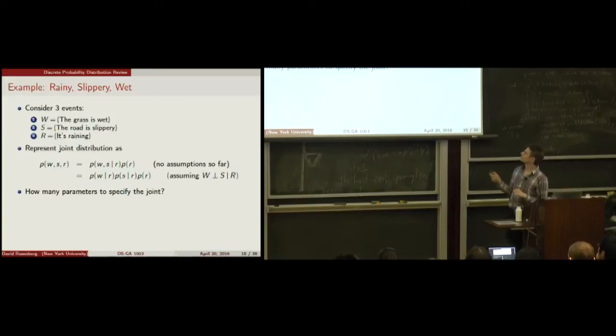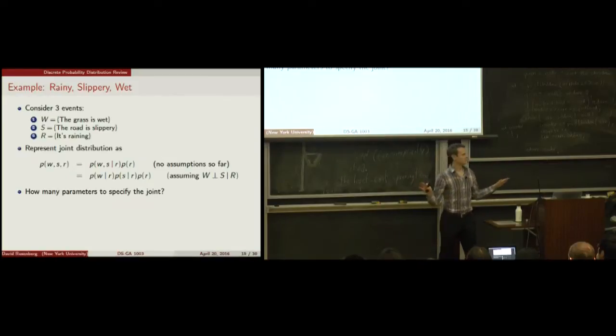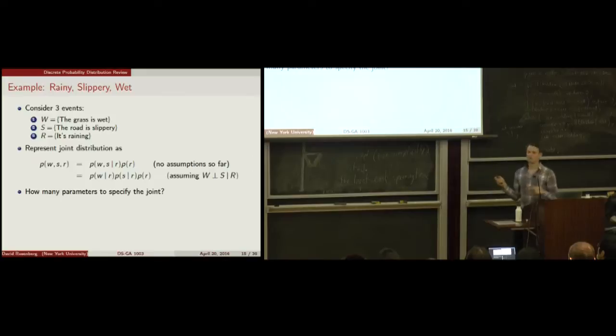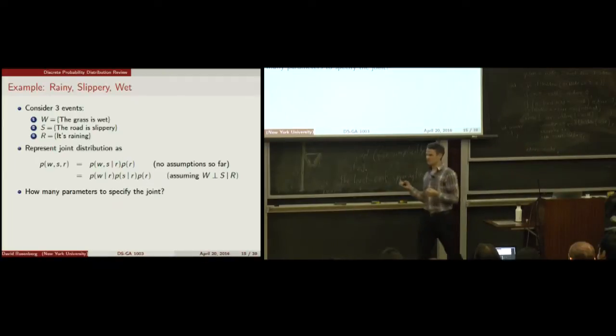We have one parameter for each of these variables. For unrestricted, any possible, no independence at all, that's the 2 to the d minus 1, 7, right. And this in between thing, 5.